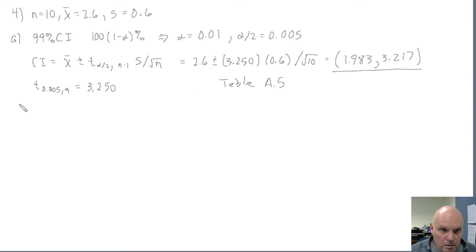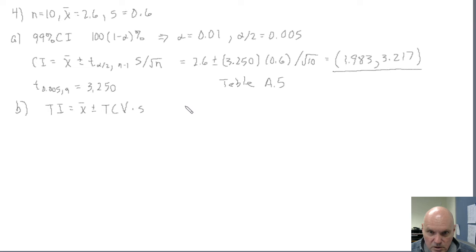So part B here, the relevant formula is the tolerance interval is equal to the sample mean plus or minus these tolerance critical values times the standard deviation.